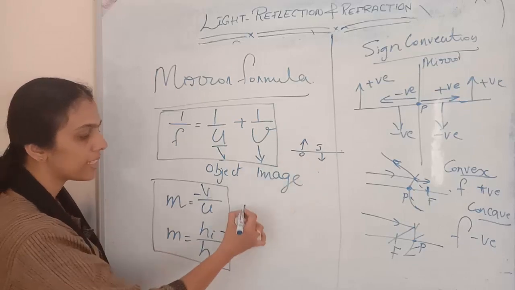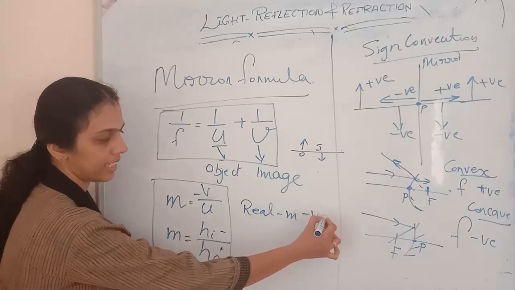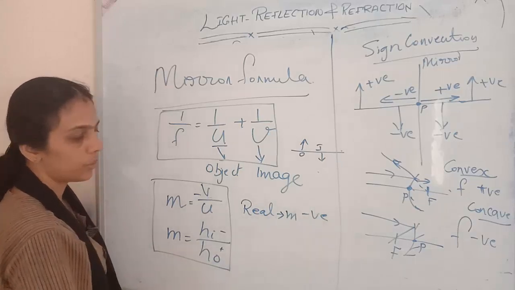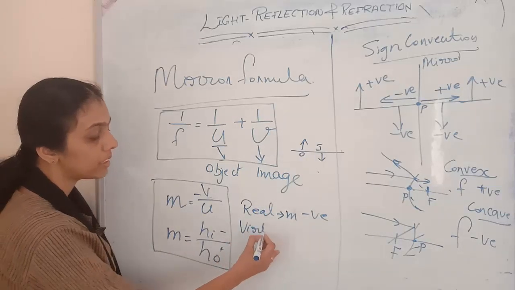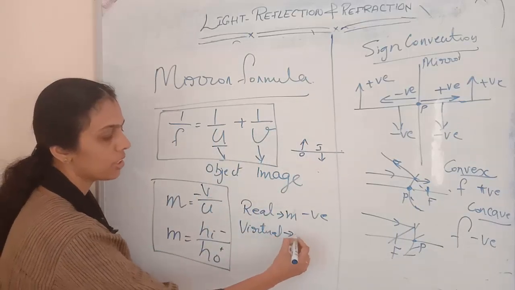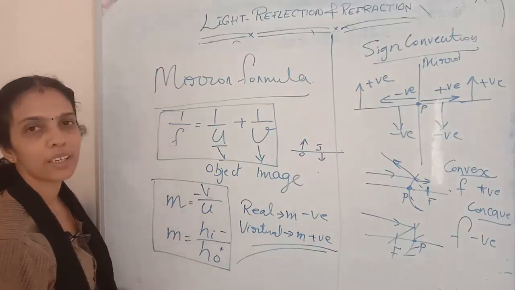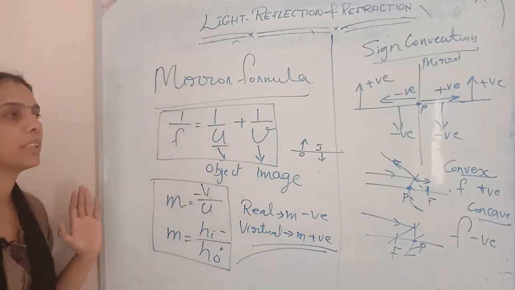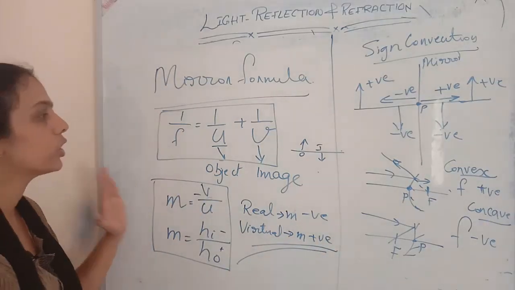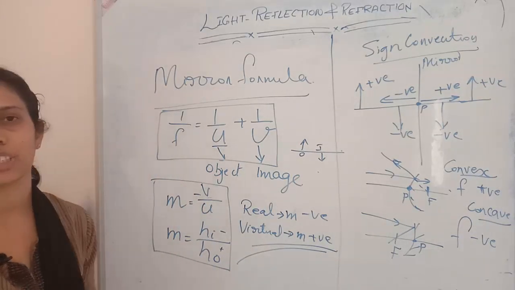So inverted means if it is a real image, magnification will be negative. For a virtual image, both will be upward or both will be downward, so magnification will be positive. These are the things you should understand in the case of mirrors, and that is for reflection.